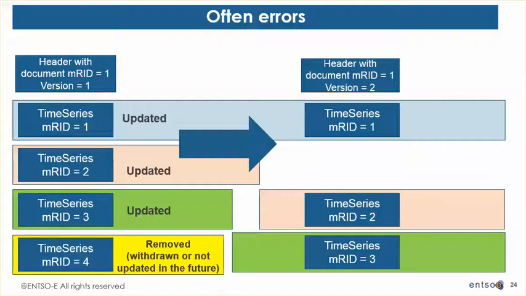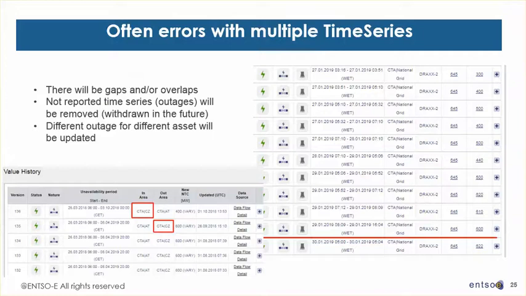So if you go to the next slide, there are some examples regarding multiple time series and split outages. This is just an example from Ericsson. They do this quite often, splitting an outage into many outages, and you can always find some gaps. Initially it was much worse, but even now you can find gaps, like in this example.